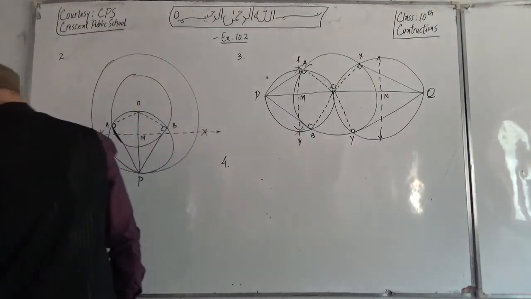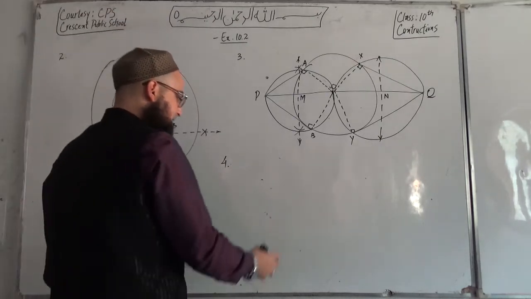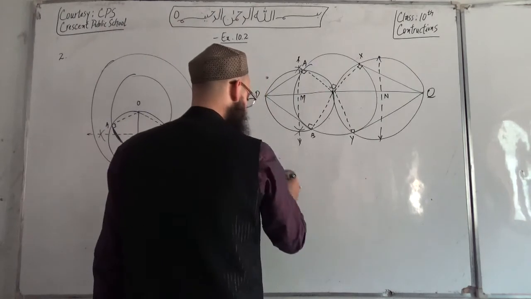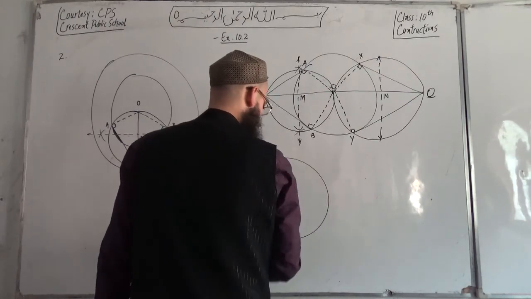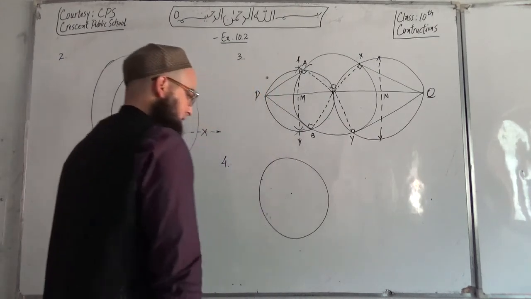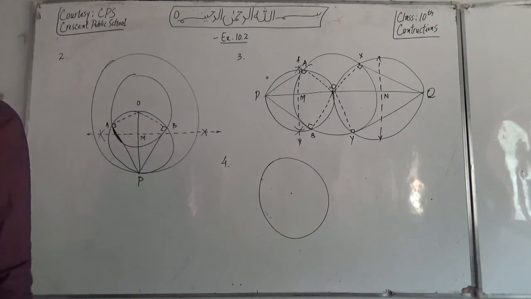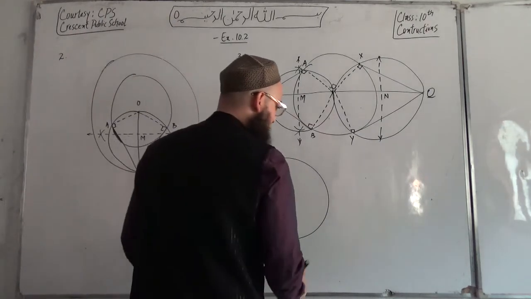Now the last question. Draw a pair of tangents to a circle of radius 5 cm, which are inclined to each other at an angle of 60 degree.